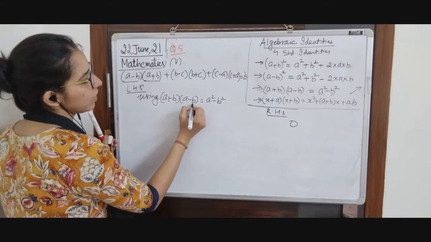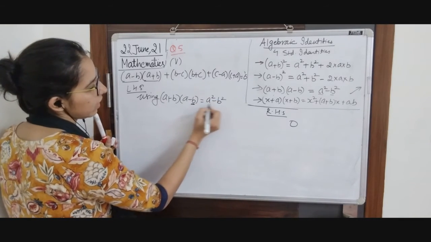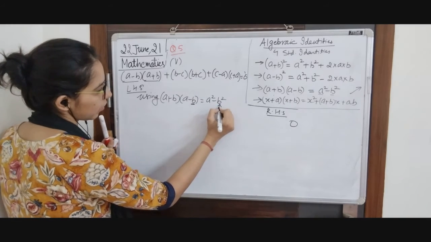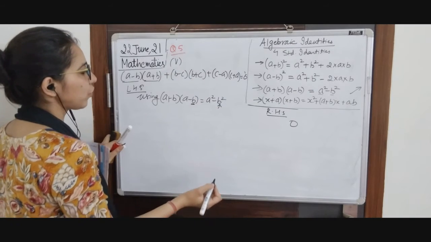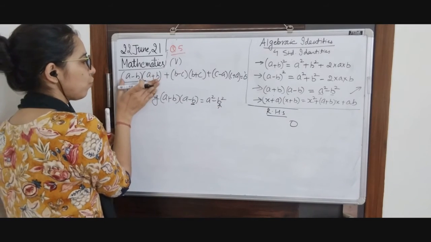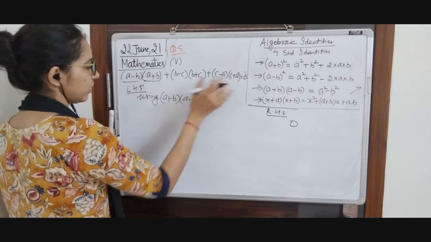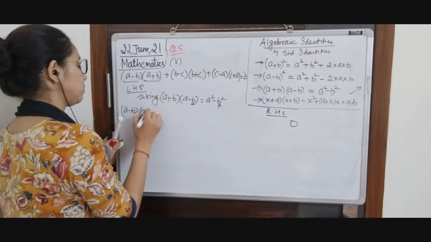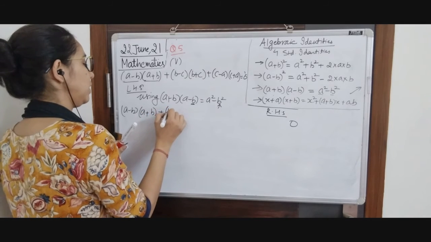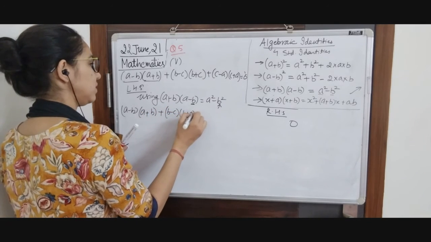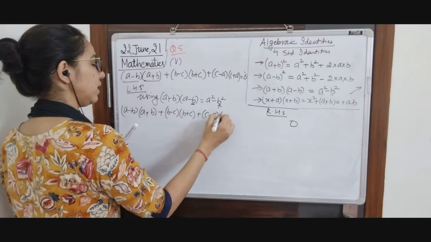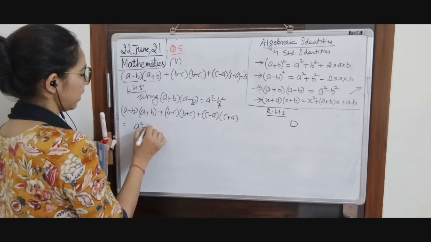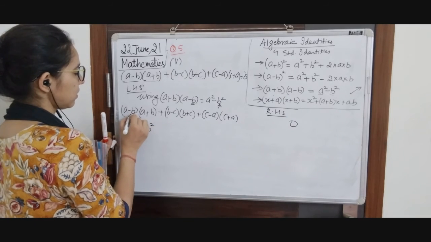The term having negative sign here is going to be written later on as the second term, okay? And how many times are we going to use the identity? 3 times. Once, twice and thrice. So using this, (a minus b)(a plus b) plus (b minus c)(b plus c) plus (c minus a)(c plus a) will be equal to a square minus b square, okay, this term's square.